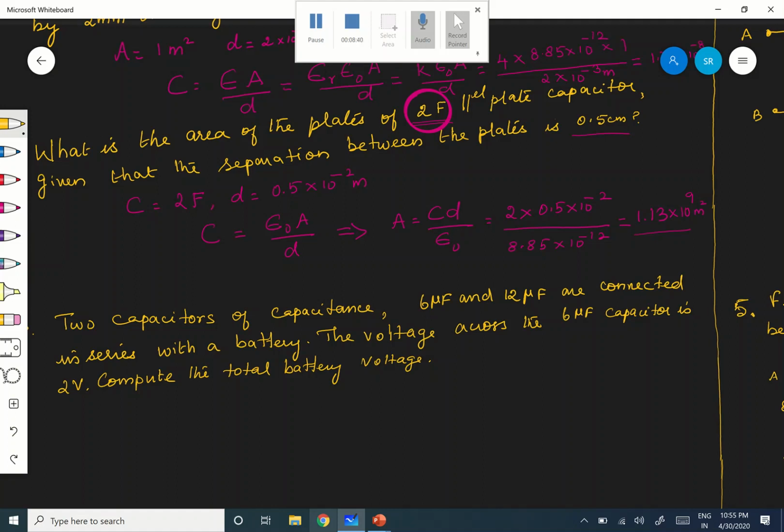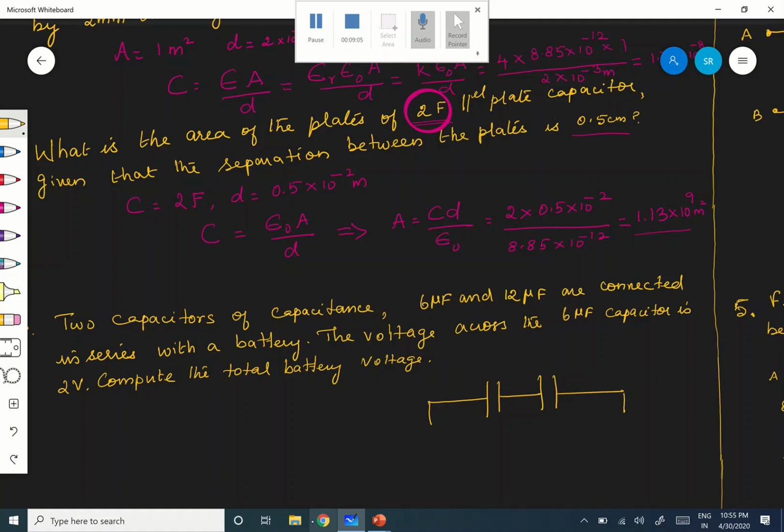Now with that, you draw the 6 microfarad and 12 microfarad capacitors connected to the battery. You have to find out the battery voltage.